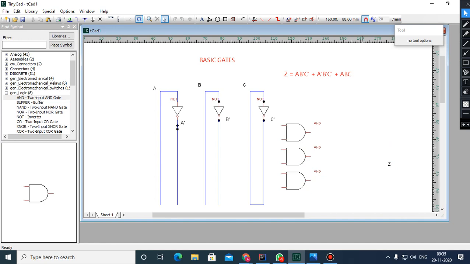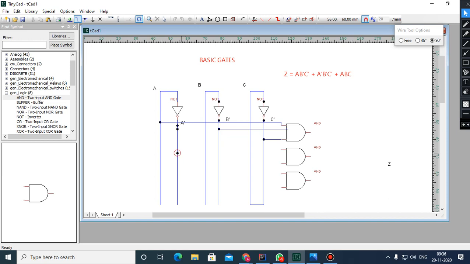The first one is A, B complement, C complement, so that is A. So just connect the wire from this place and it is A. And second is B complement. Fine, so it is B complement. And the third is C complement. The first gate we got connected.